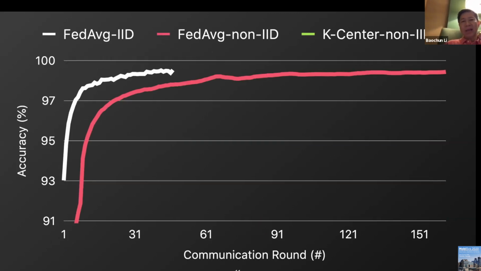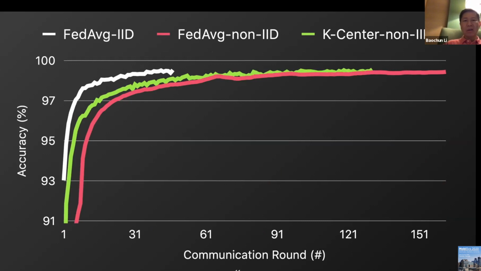And by doing something as simple as that, just a simple k-center clustering based on the actual model weights, we are able to show a better convergence. It's not close to the ideal situation where we have perfectly IID data in the global model, but it's better than not using the k-center clustering algorithm. Again, this result is obtained from our emulation testbed, and this is something that we can get started with.